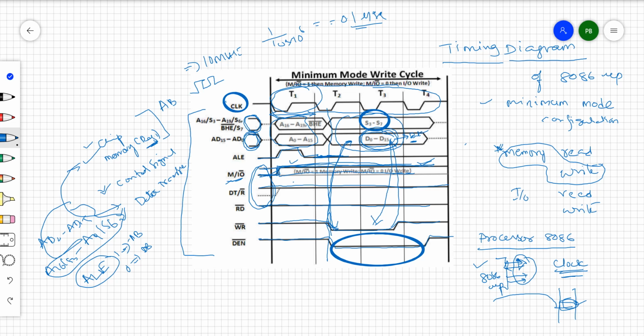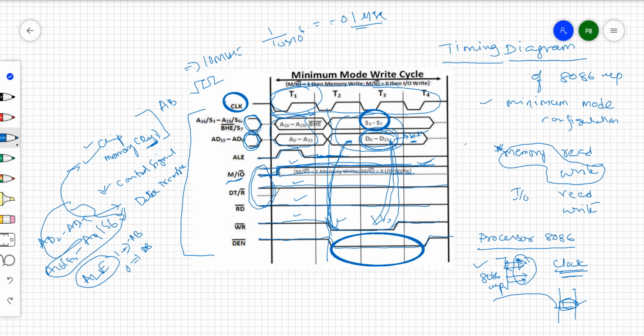Transmitting, writing, means from the processor to the memory. Up to the T1 state this is high, so it is a read operation. After the T1 state, this is going to be low. Once it is low, whatever data is present on the data bus is going to be written into the external memory.